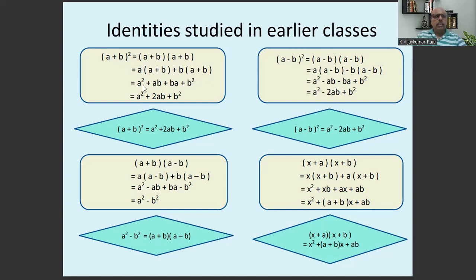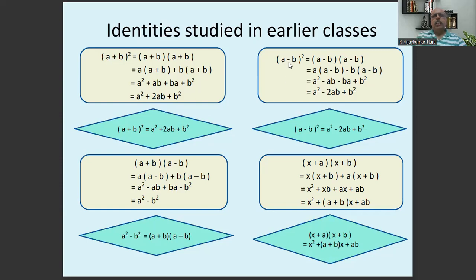So a into a is a square, plus a into b is ab, plus b into a is ba, plus b square. Now you see here ab and ba are one and the same, so it is 2 times. Therefore, a square plus 2ab plus b square. So (a plus b) whole square is a square plus 2ab plus b square. That is your first identity which you have already learned in lower classes.